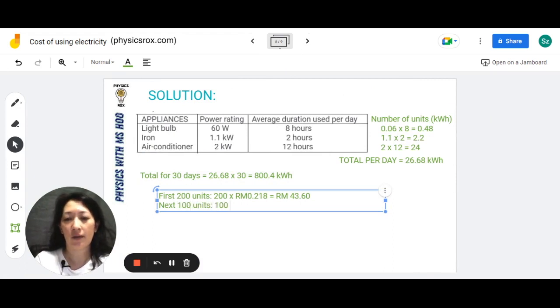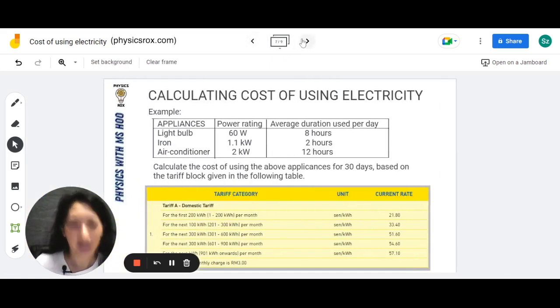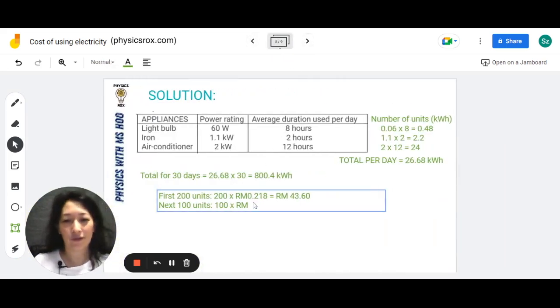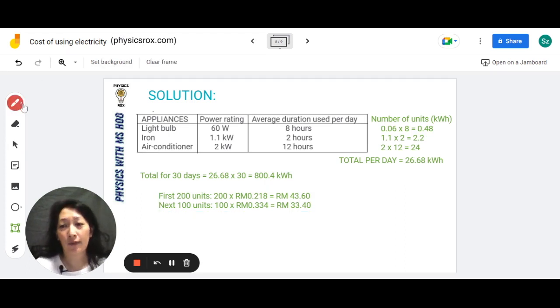It would be 100 times RM 33.4, so 0.334, which will give us 33.40.